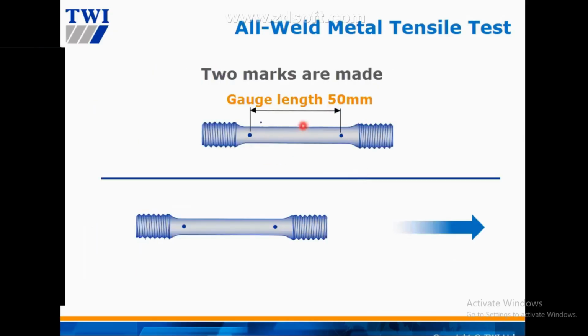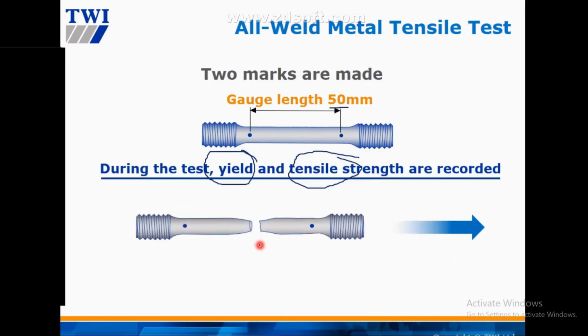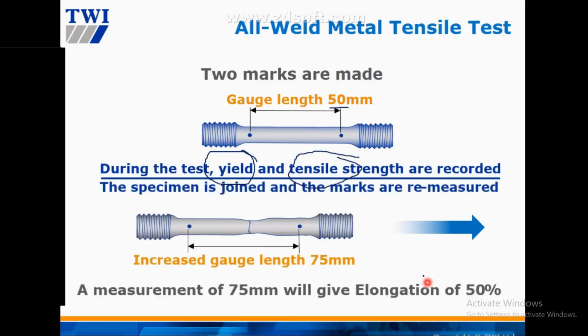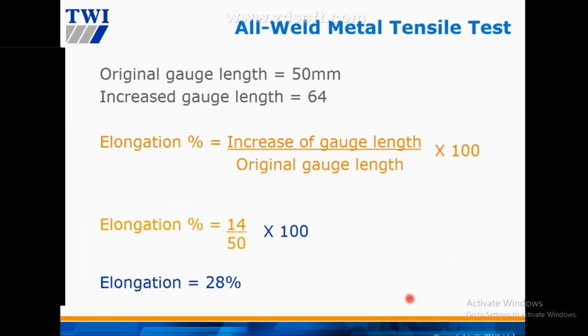All right, for example, they punch the gauge length here, 50 millimeter, and then they pull. When they pull, they will record yield and also tensile. When it breaks, they measure the gauge length in order to get elongation. So they measure yield, tensile, and elongation at the same time. So how to calculate the elongation? This one also you need to memorize. You must know how to do the calculation.